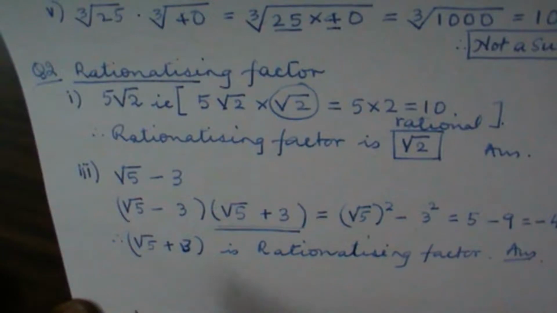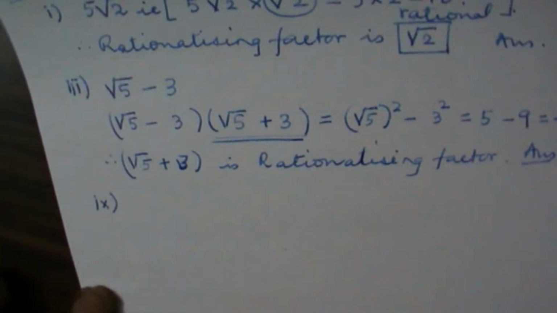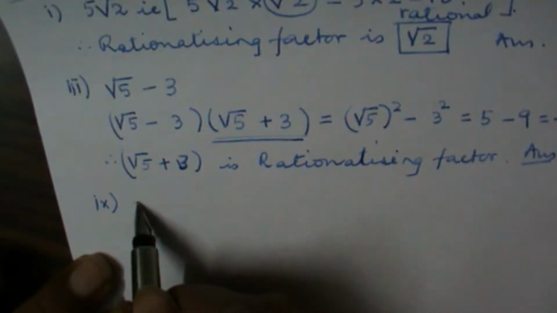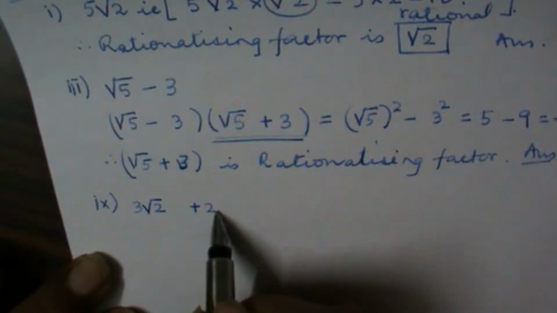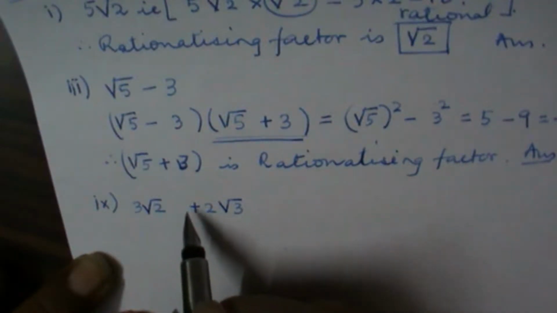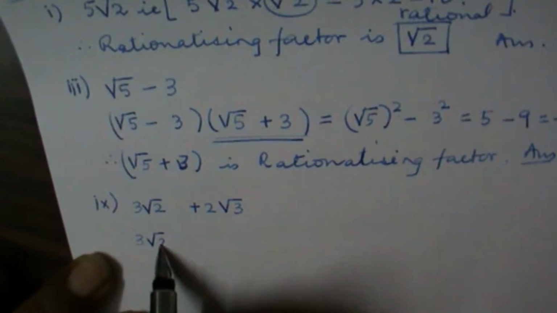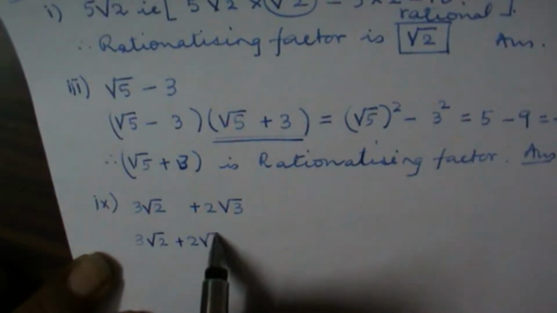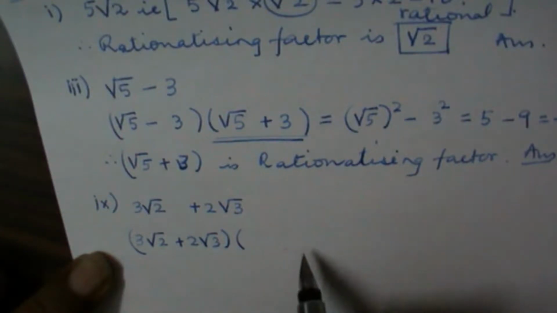Then another one, which can be a little challenging, is where you have 3 root 2 plus 2 root 3. Now out here again there is a plus sign, so I need to take 3 root 2 plus 2 root 3, and I need to take the rationalizing factor.